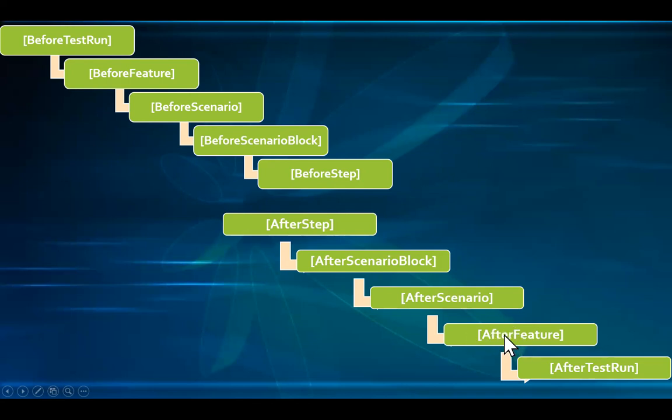And for the features, after the features have been executed, after feature will be executed. The same applies to the after test run, which will also be fired after the execution.